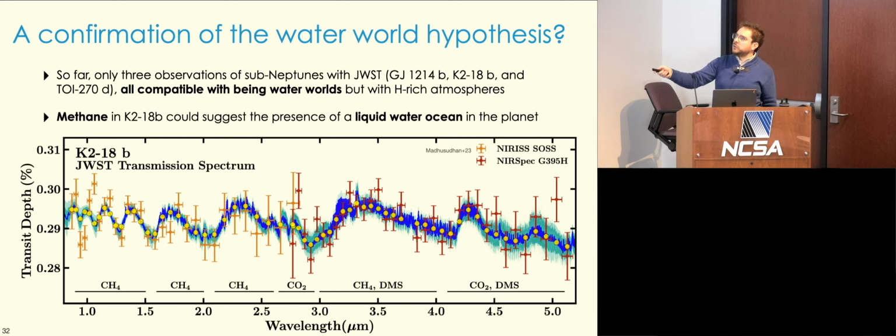So this dimethyl sulfide right now is a topic of active research, I would say, in the newspapers, but not in the scientific community. But the methane and the CO2 and not finding water for this planet is the thing that is preoccupying the community the most.